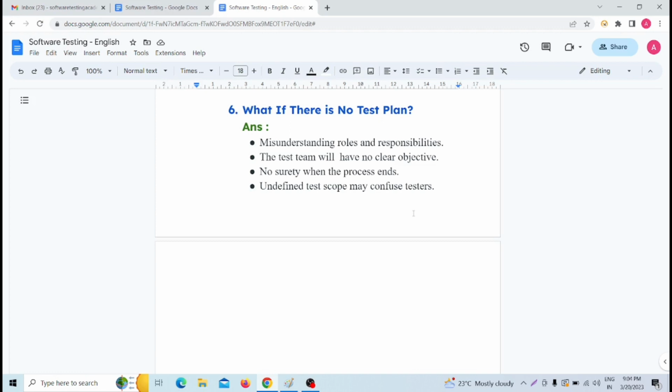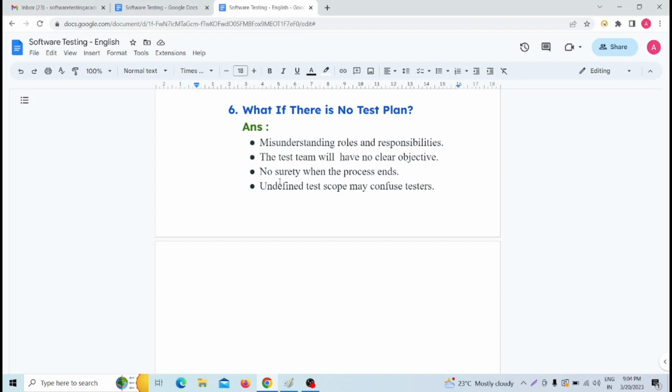If we give an estimated time for any kind of testing, we have to follow that within that time duration. So the estimations should be documented in a test plan. If there is no test plan, there is no surety when the process ends.